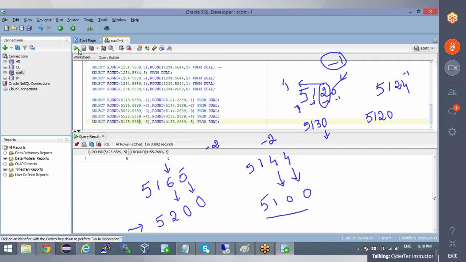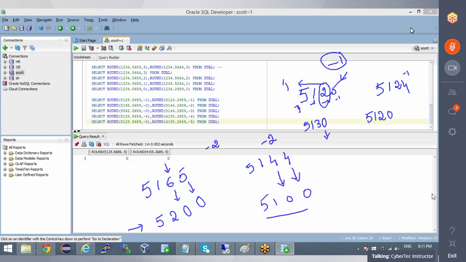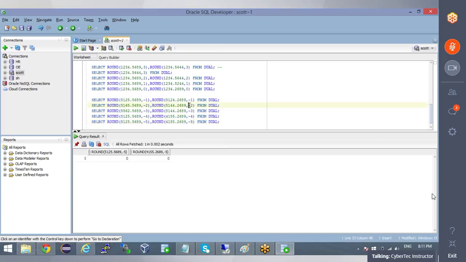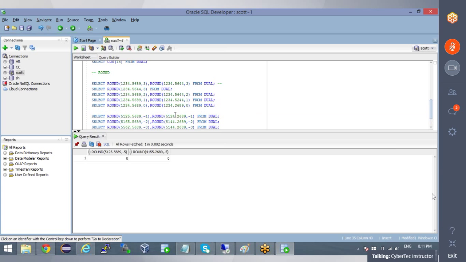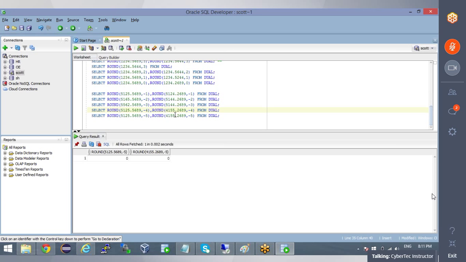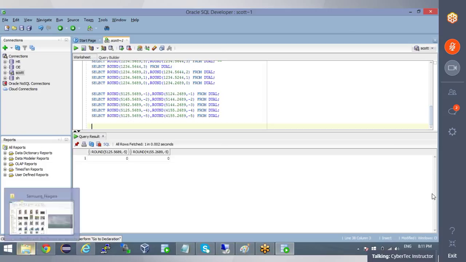Is that okay? So what is the round function doing? The round function rounds the digit by the specified number of digits within that particular part of the query. Based on your second argument, the input is going to get rounded. This is what a round function does. Okay, clear?